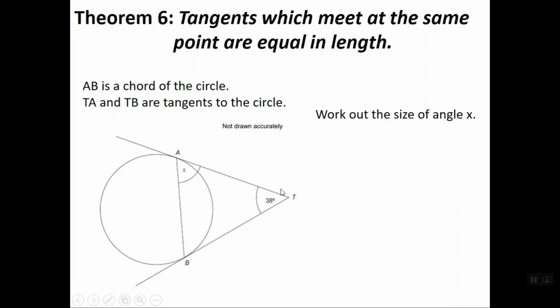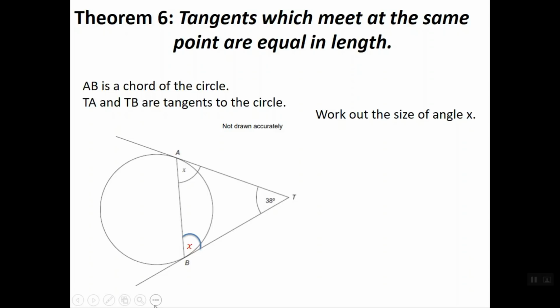I know that TA and TB are equal. Here you're seeing a triangle with two equal lengths, so it becomes an isosceles triangle. I can use that information to work out the missing angle. That angle must be X as well.